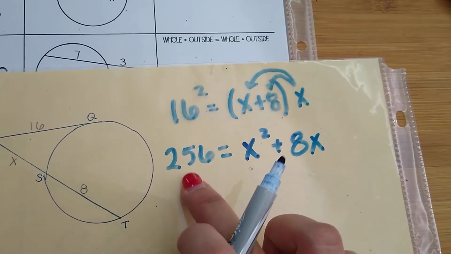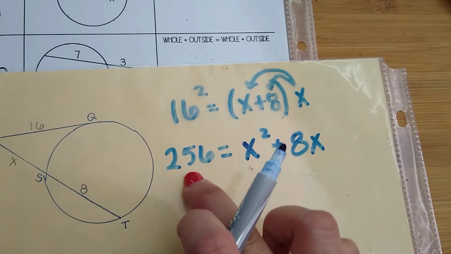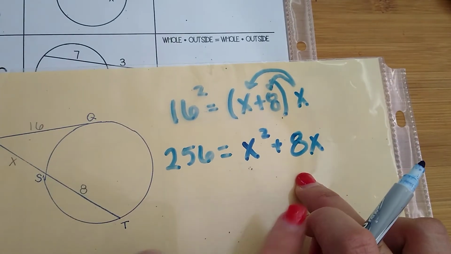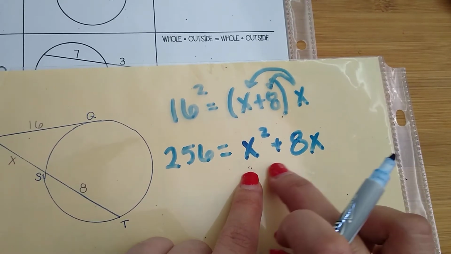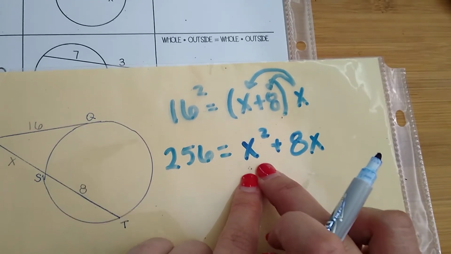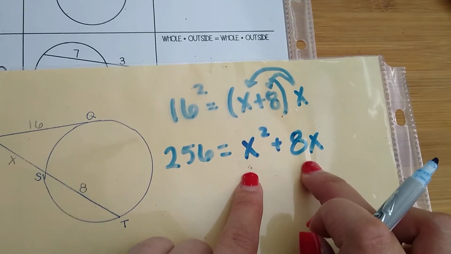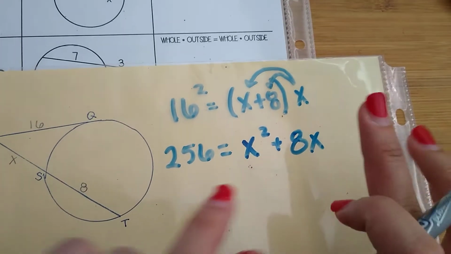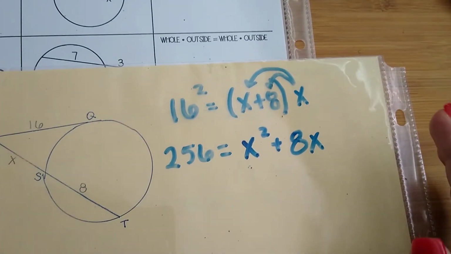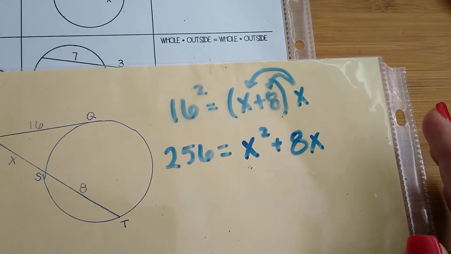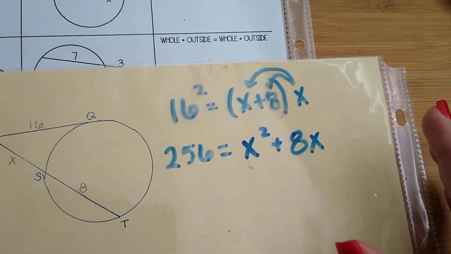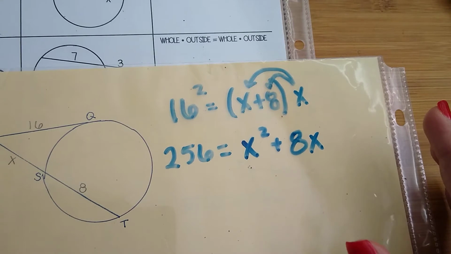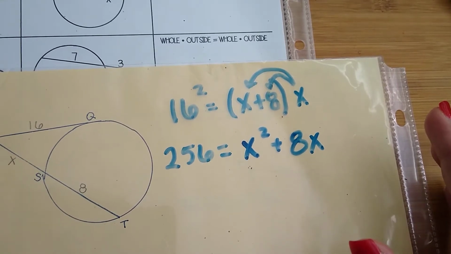Now I'm going to move this number over to the right side, only because I noticed that now I'm working with an x squared and an x in my equation. Whereas in the other sets of problems, I was only working with one variable, so I could end up with one variable on one side and a number on the other side, because I was going to get my answer that way.